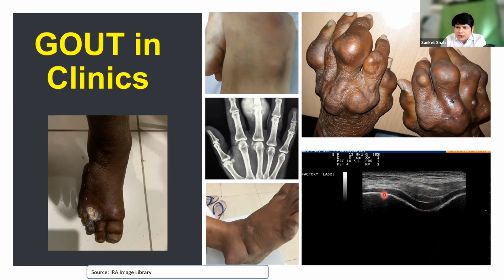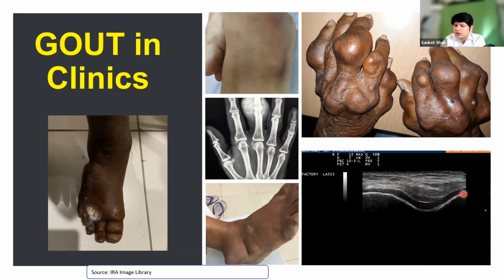The last surface is your bony surface. Above that is the cartilage, the black colored thing. Above this cartilage, this line is the double contour sign. Here there is uric acid crystal deposition, so it looks as bright as that. There are two contours, and that's how it looks. CPPD crystal causes a slightly different change, which can be appreciated with USG.